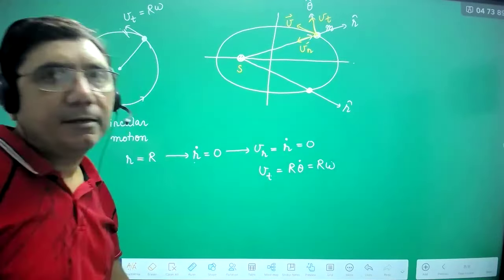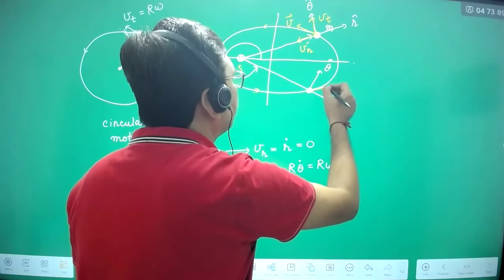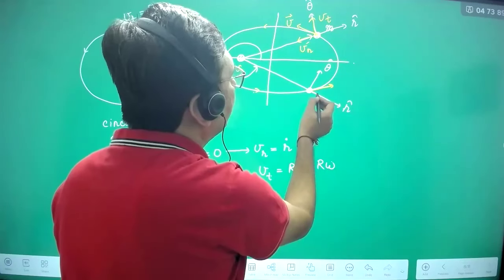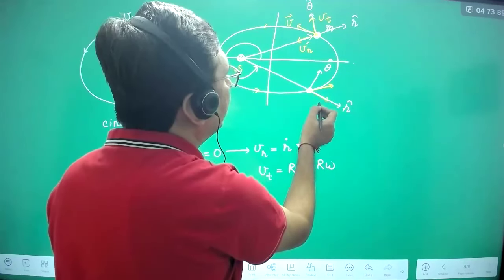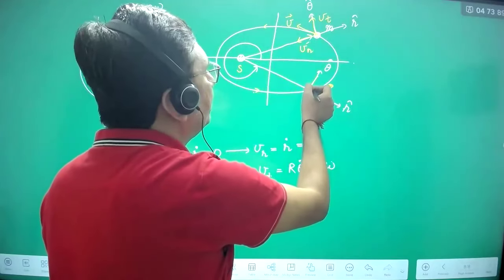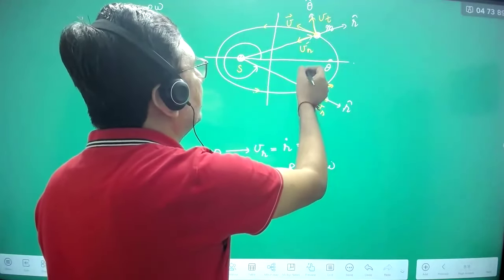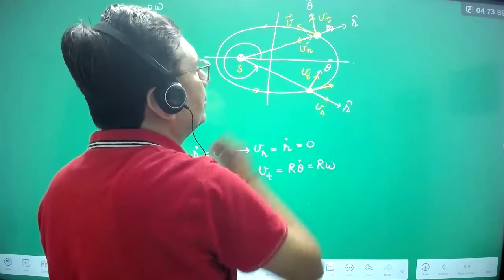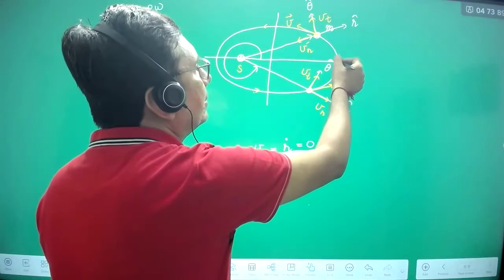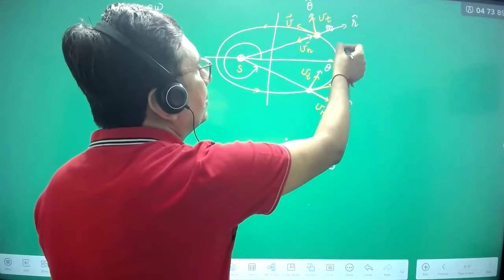If velocity is there, this particle is moving like this, so velocity will be here in tangential direction. A component of it will be here, VR. Now VR is radially outward; here it was radially inward. And this will be the VT component.